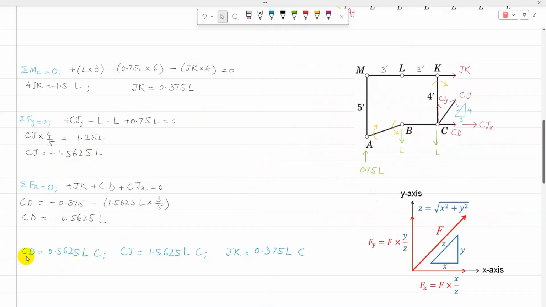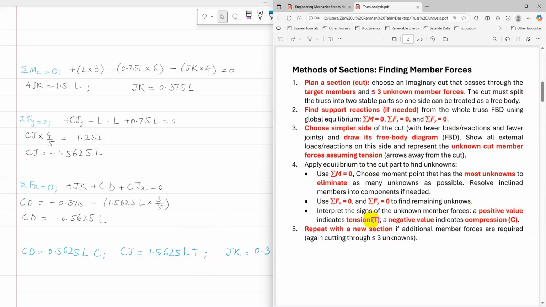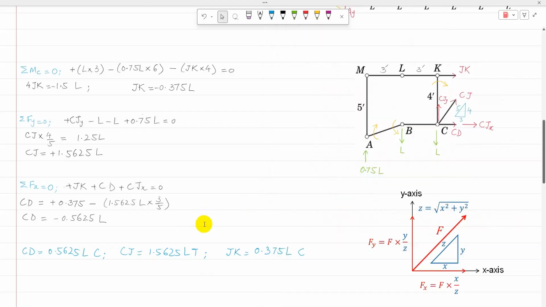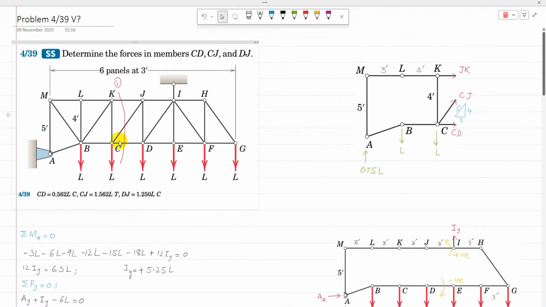So now these are the answers: CD in compression, CJ in tension, and JK in compression. A member in tension or compression always remains in tension or compression. Once calculated as tension, it will remain in tension. So now member forces CD and CJ are calculated.